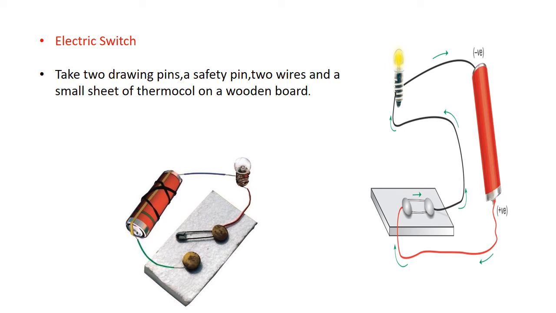Then make a circuit by connecting an electric cell and a bulb with this switch. Rotate the safety pin. Once the free end of the safety pin is touching the drawing pin, what happens? The bulb will glow.